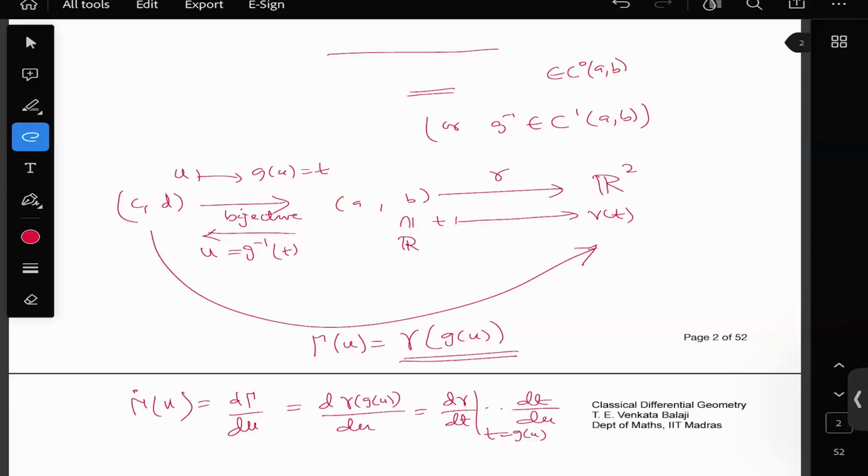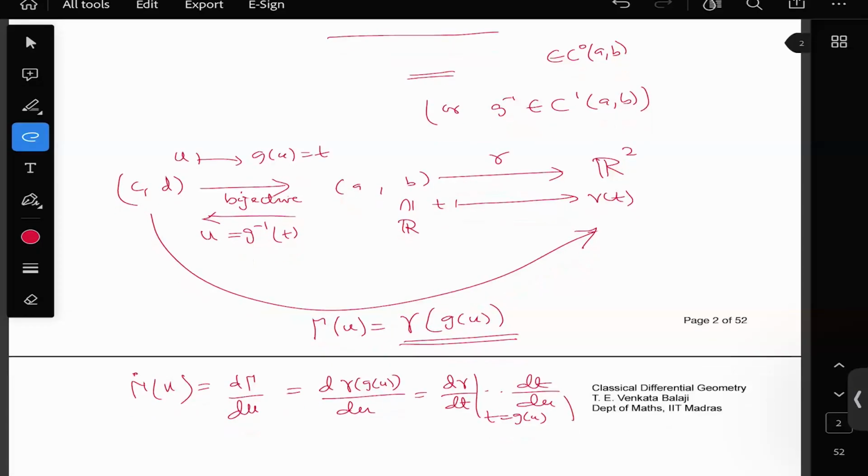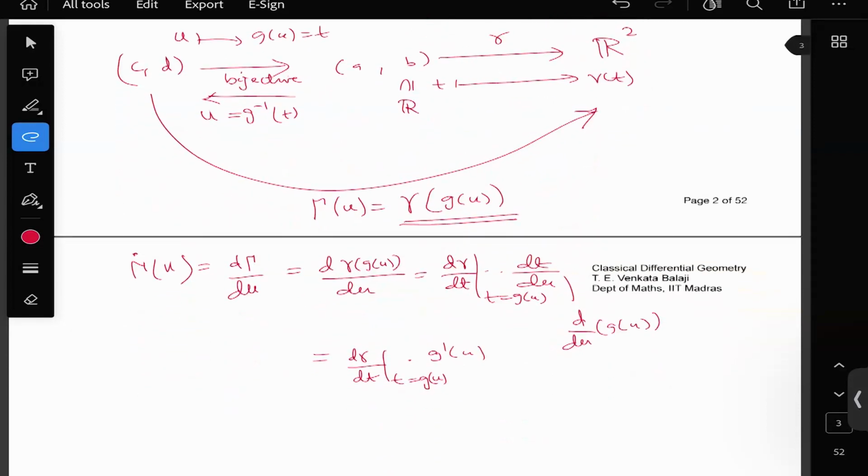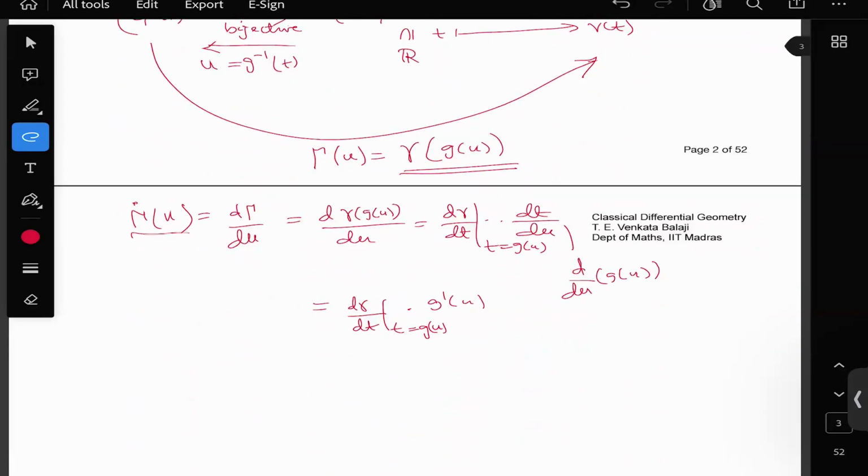This is just the chain rule, and this dt by du is nothing but d by du of g(u). So this is going to be d gamma by dt at t equal to g(u) into g dash u.